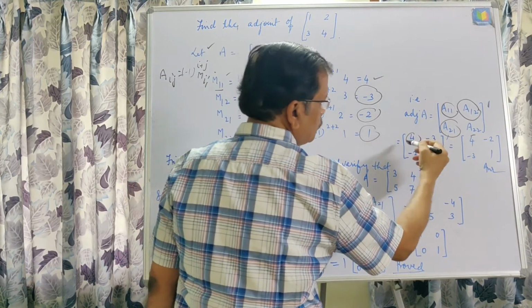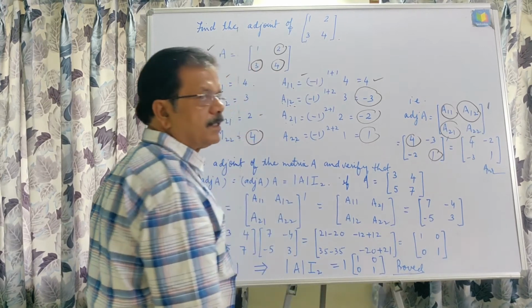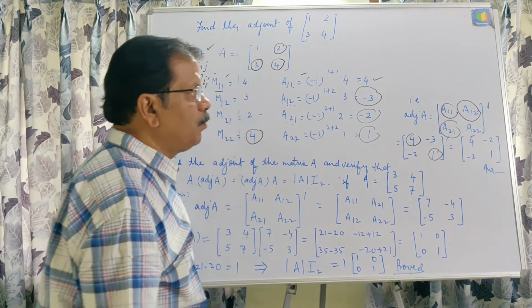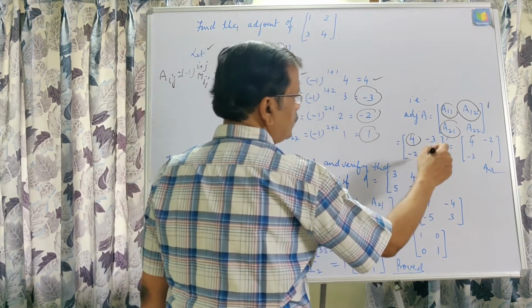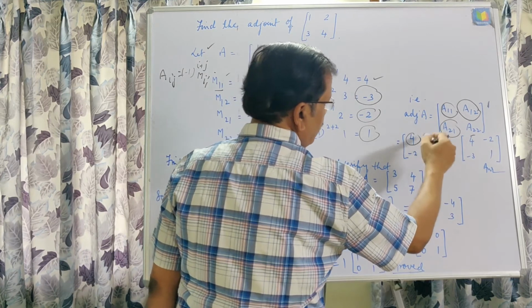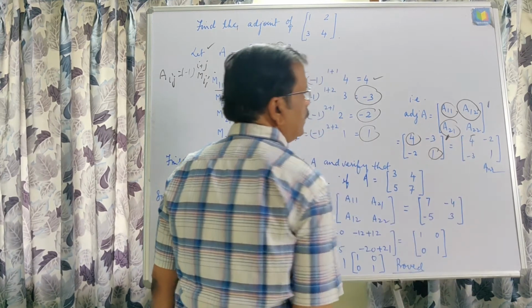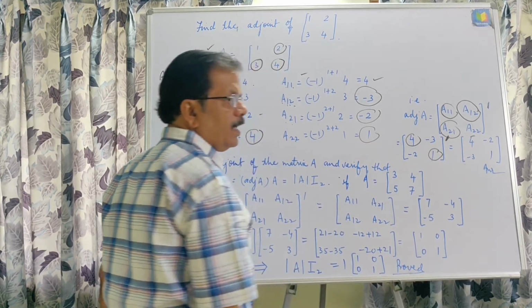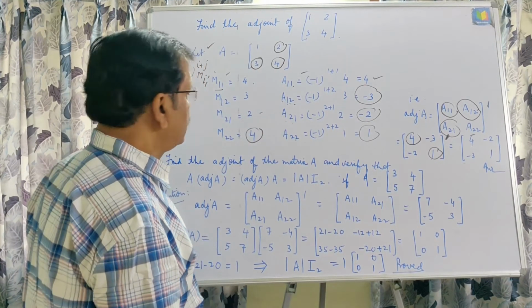And transpose means rows and columns will be interchanged at last, and students are generally missing this point, rows and columns, and that is why this is very important. After writing this, we will interchange rows and columns, and this will be our final answer for the adjoint of this matrix.